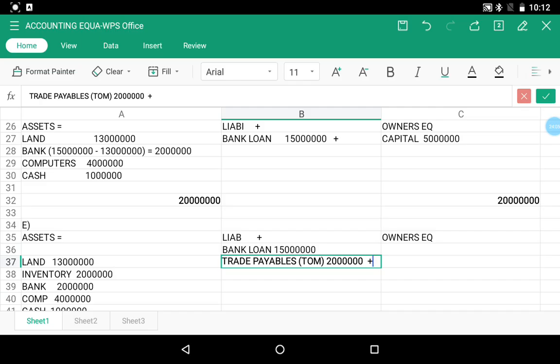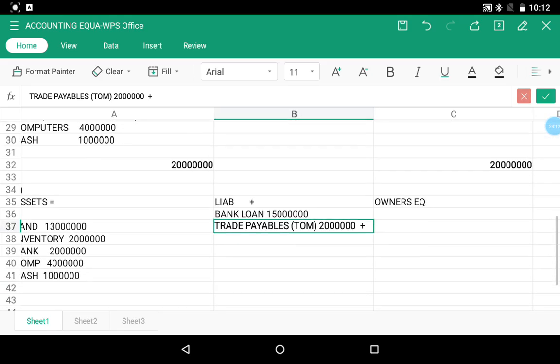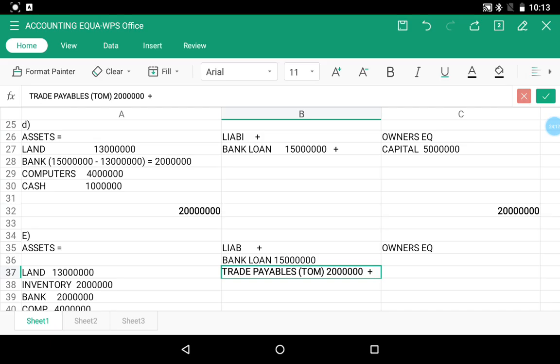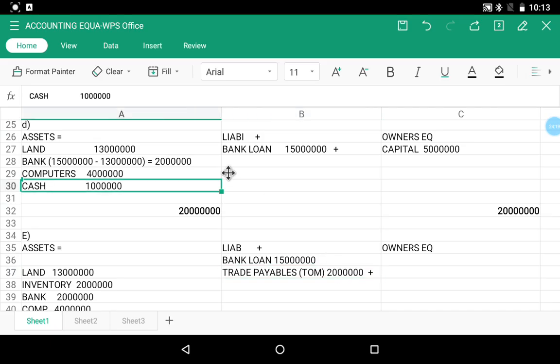So we are going to add. We are following our equation, where they said assets is equal to liability plus owners equity.